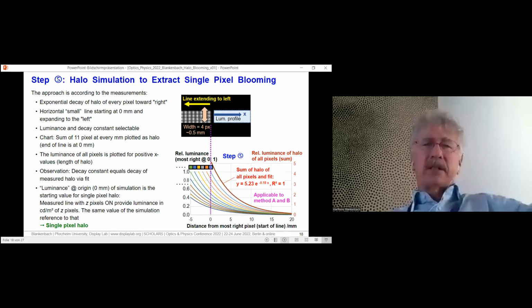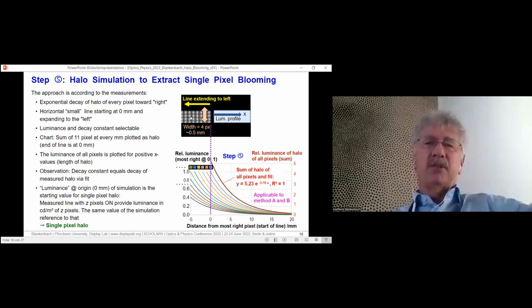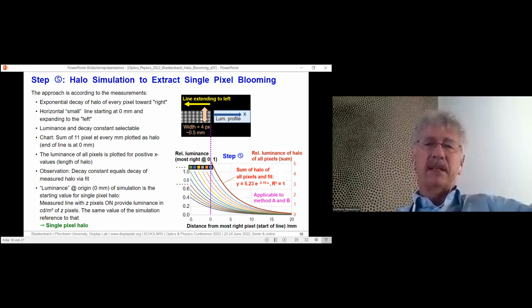So using these results from high magnification measurements, you see here the OLED pixels. We have the luminance profile, and then we make a simulation with single pixels.